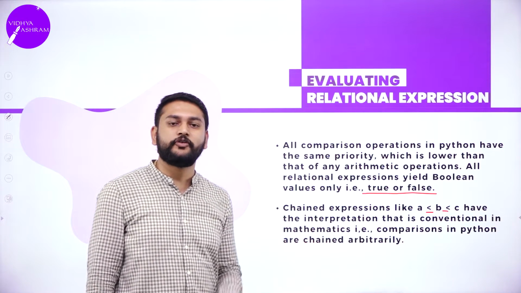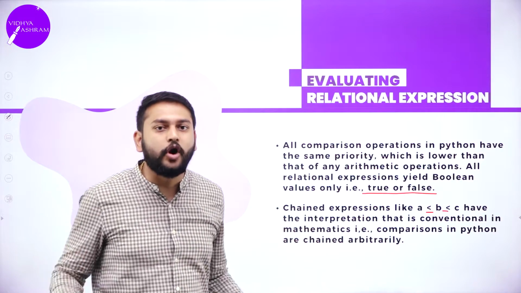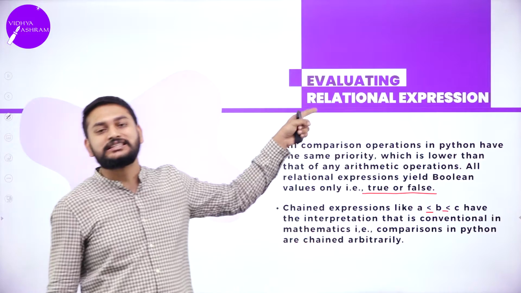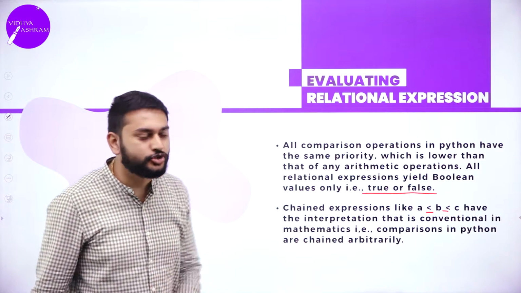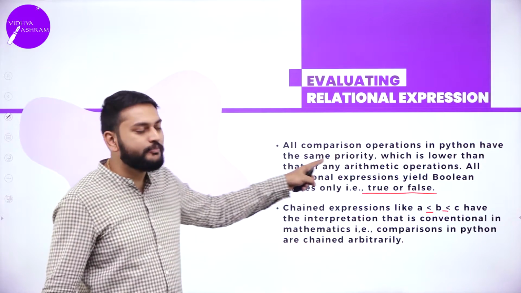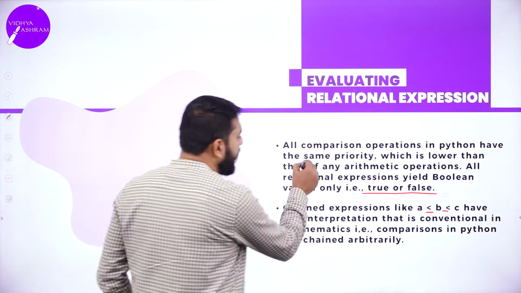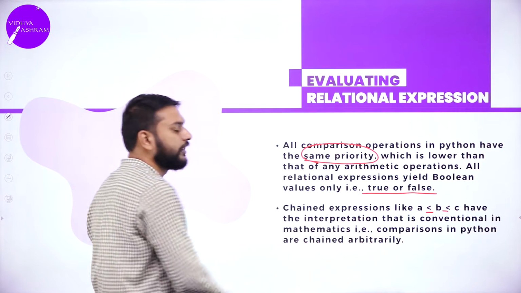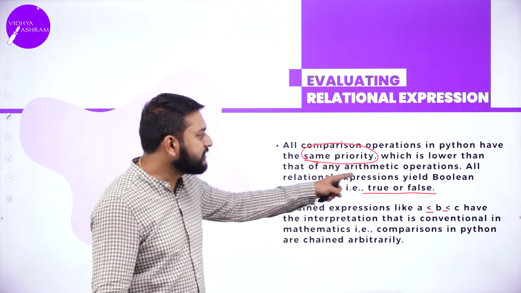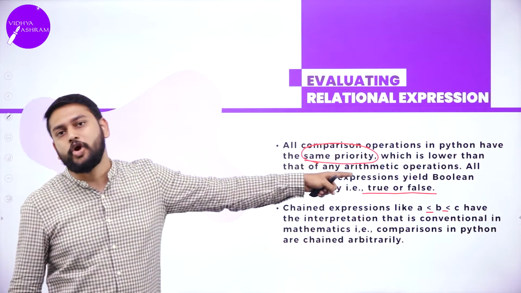That is what you have to remember when it comes to the evaluation of relational expressions. All the comparison operators in Python have the same priority. That's very important, you should make a note of it. All these operators have the same priority, which is lower than the arithmetic operators.